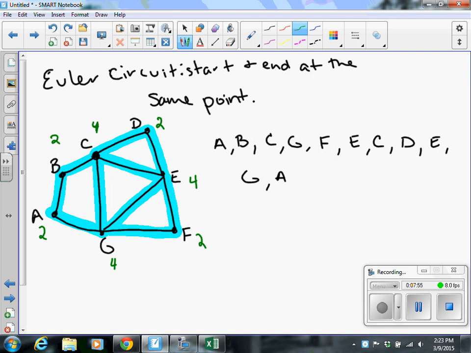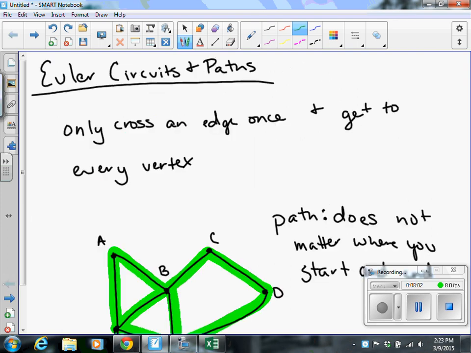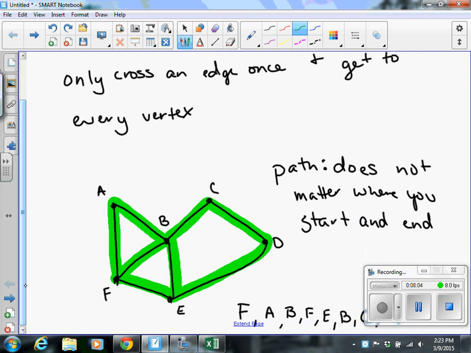Notice they're all even. Okay, let's go back here. A has 2, B has 4, C has 2, D has 2, E has 3, F has 3. Okay, so we got some odds there.